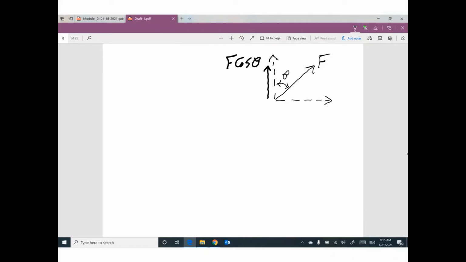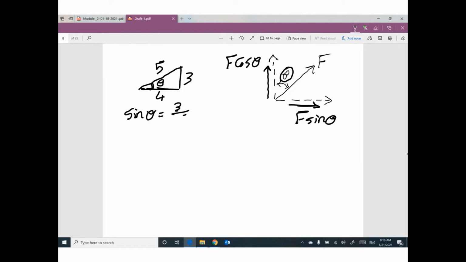The component far away from the given angle will be sine. Probably this angle is given, or you can get a right angle triangle, 3, 4, 5. If this is your angle, I can figure out sine theta, opposite 3/5, cosine theta, adjacent 4/5.